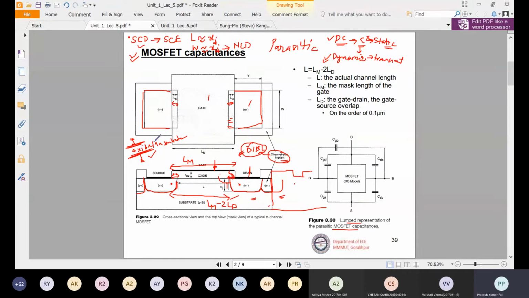It could be air also. This type of arrangement is found in the MOSFET. Whenever it is found, that will be considered as having a capacitance value. So this region is also having some capacitance, this region will also be generating some capacitance.